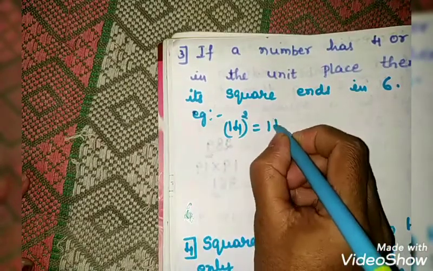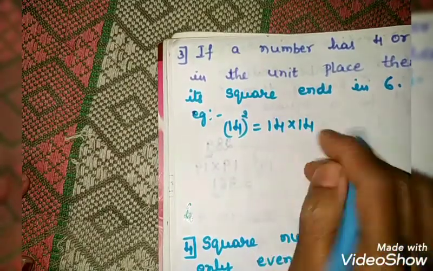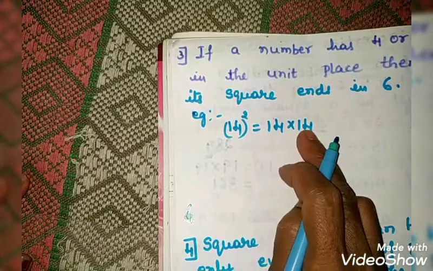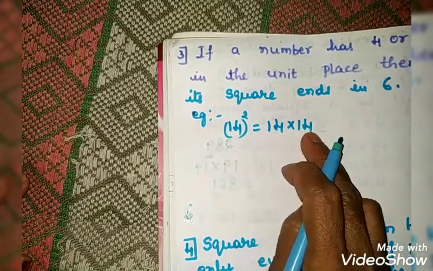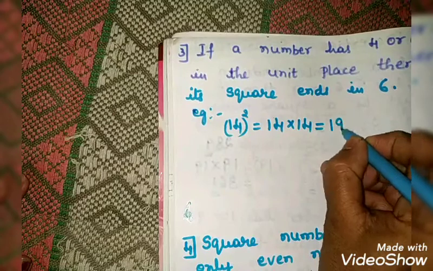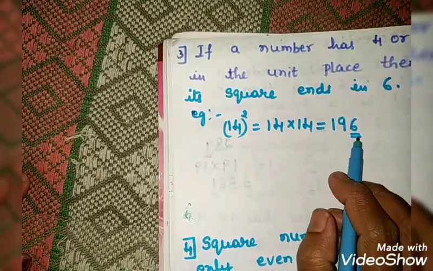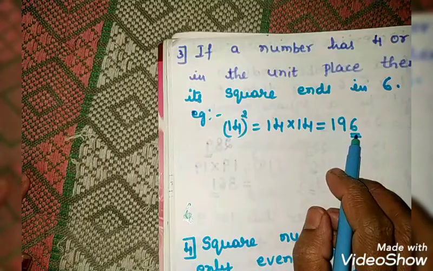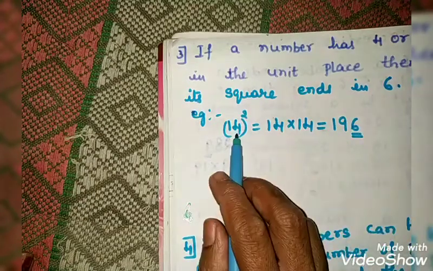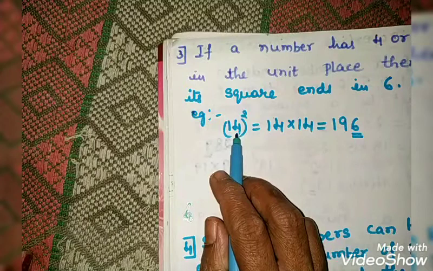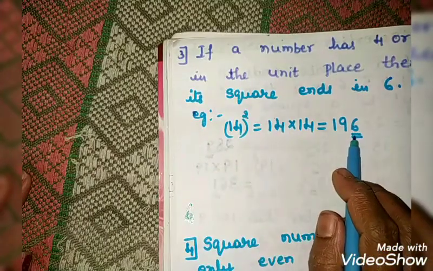So when we found out its square, multiply the same number twice. 14 into 14, we get 196. What is it ending with? It ends with 6. It ends in 6, correct? Yes. When a number is ending with 4, its square ends with 6.